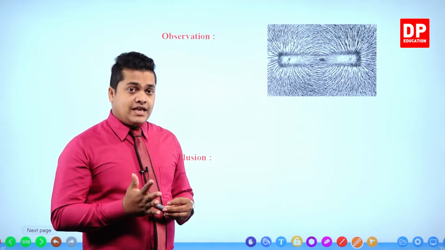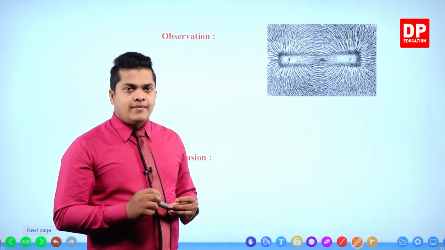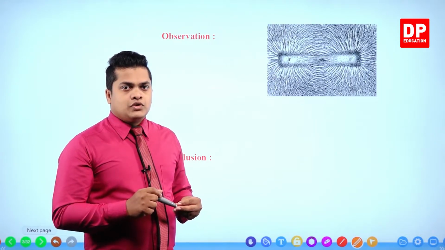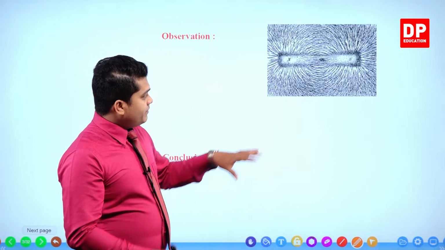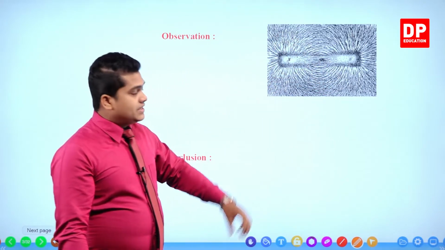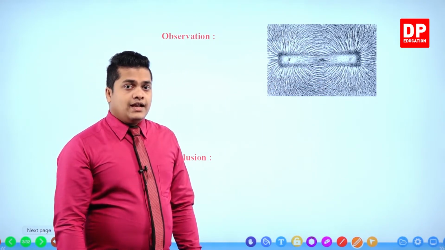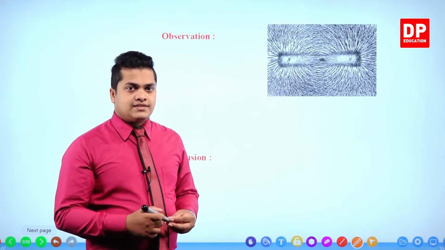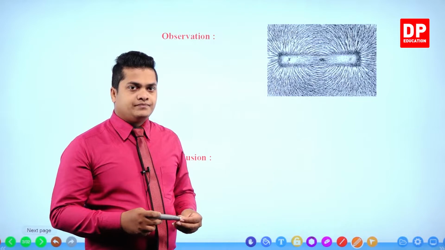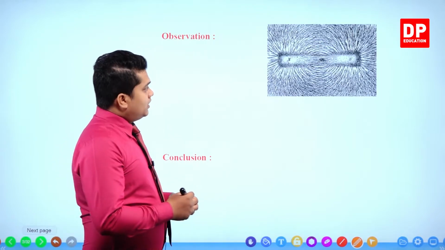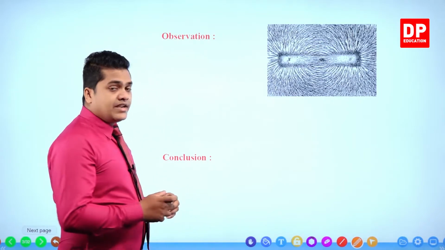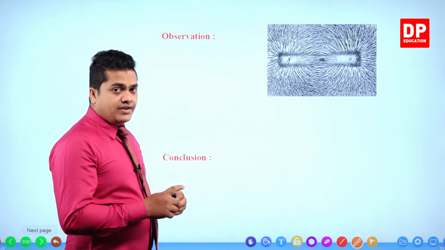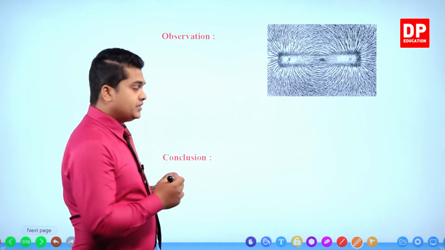We refer to that as the magnetic field of a magnet. So the magnetism can be observed in these certain areas, right? And this area which the magnetic power spreads is referred to as the magnetic field. So we can observe this kind of a pattern from the experiment.